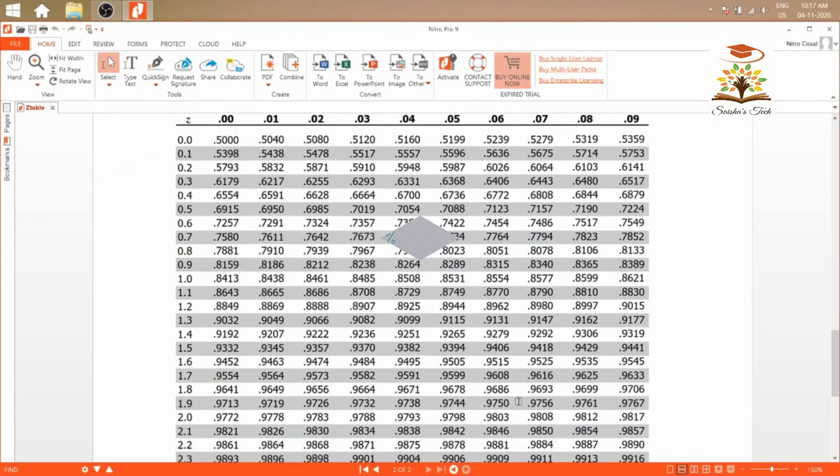When we are considering 2.5% as the significance level on the two-tailed test, the acceptance probability would be 1 minus 0.025, which is equal to 0.975. If we search the value of 0.975 in the Z table, we can observe the Z value as 1.9 plus 0.06, that is 1.96 is the Z value for 2.5% significance.